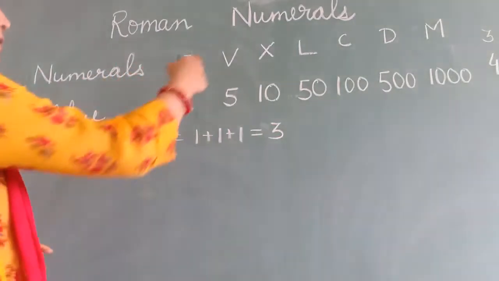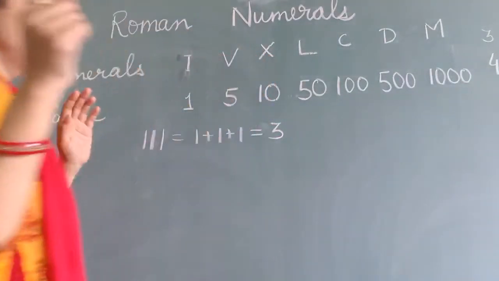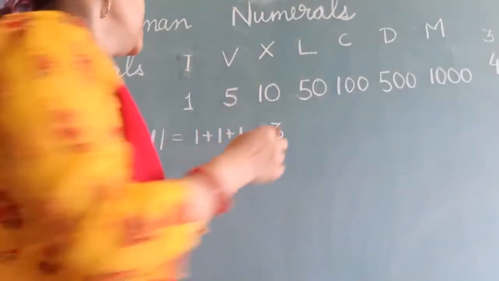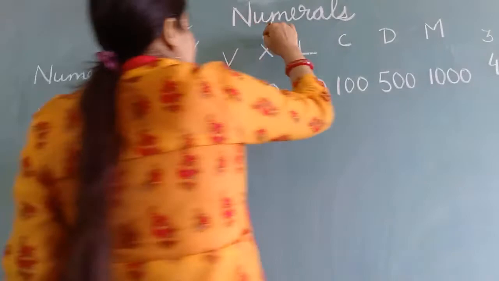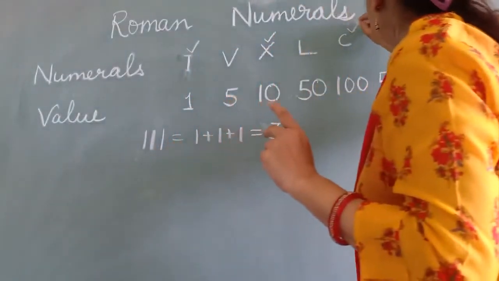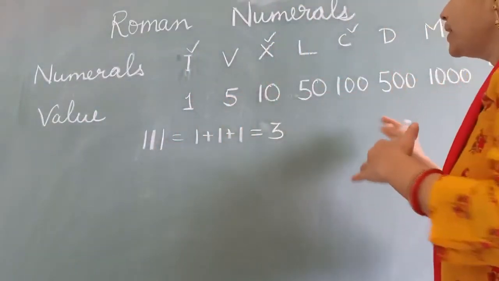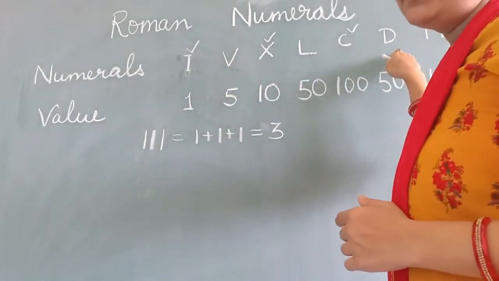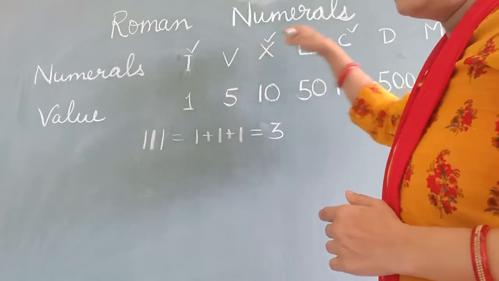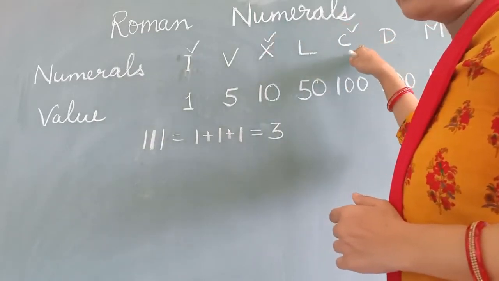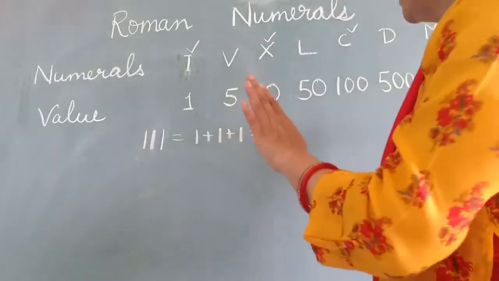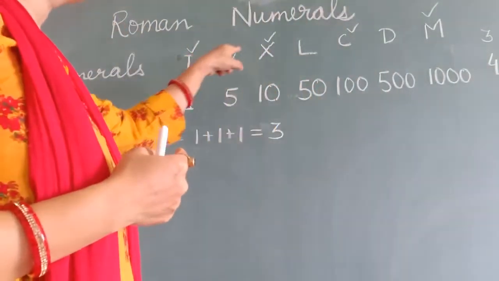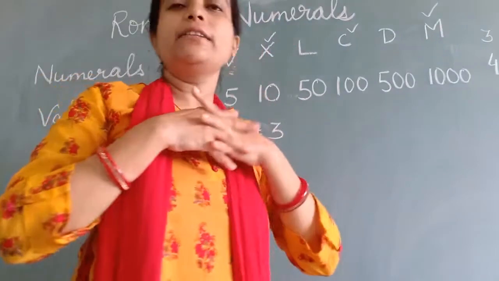Similarly, we can repeat, and you have to remember which letters you can repeat and which you can't repeat. We can repeat only I, X, C and M. We can't repeat V, L and D. And when you repeat these letters, you can't repeat more than 3 times.